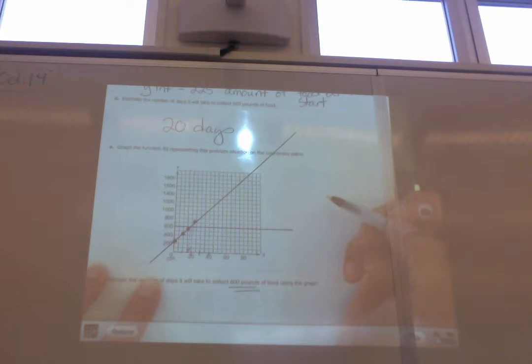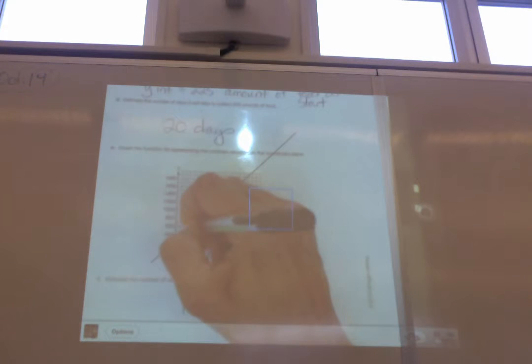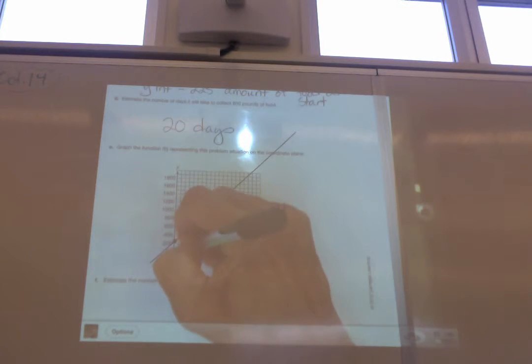Isn't that what it looks like to you? What does it look like on your graph? I'm going to call it 19 days. Again, I'm making a lot of estimates or guesses on these dots, but that's what you do. You use this to make a line at 600 and then look down from where they intersect.